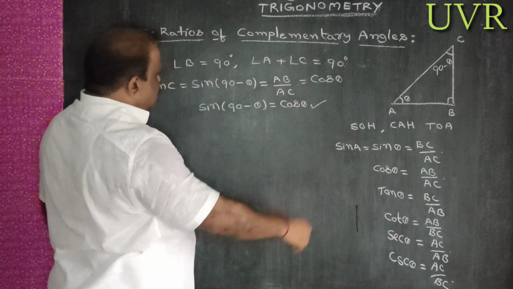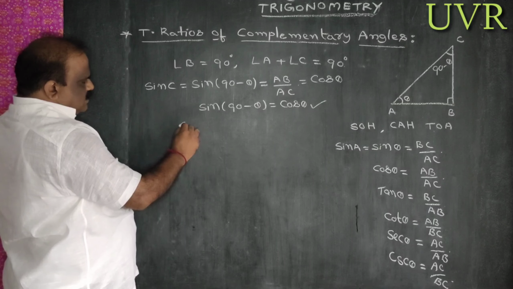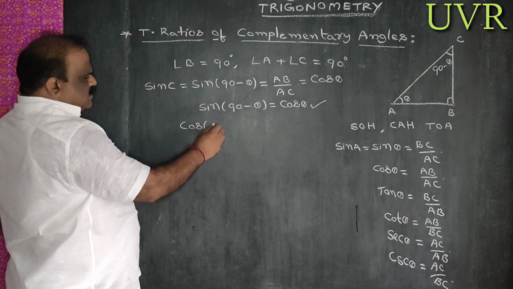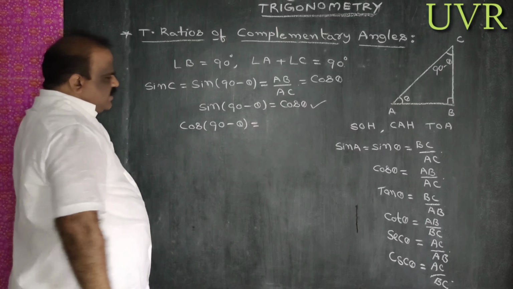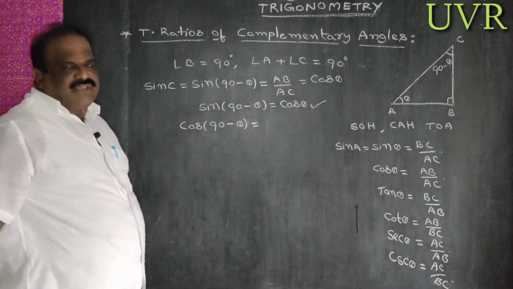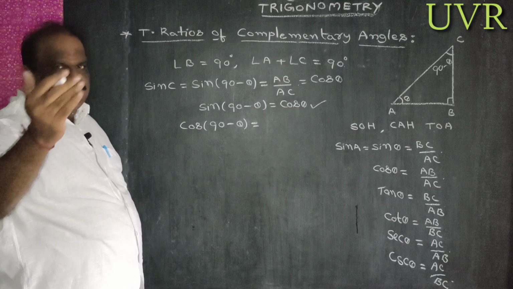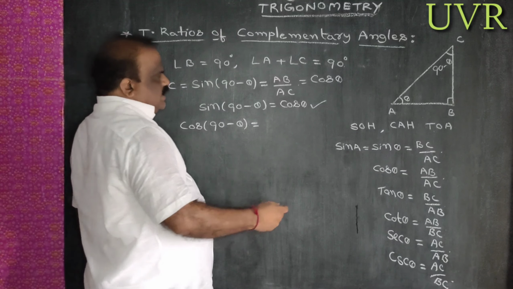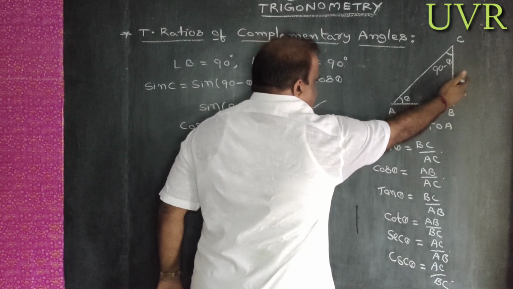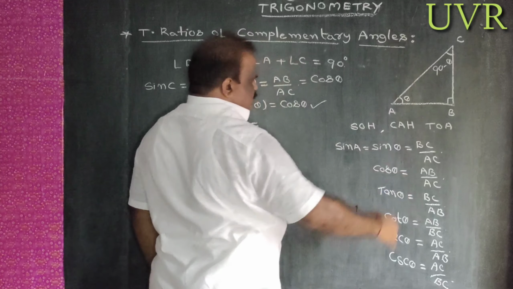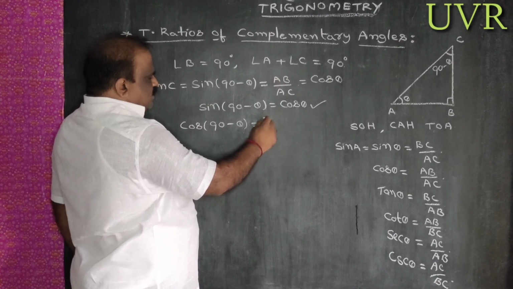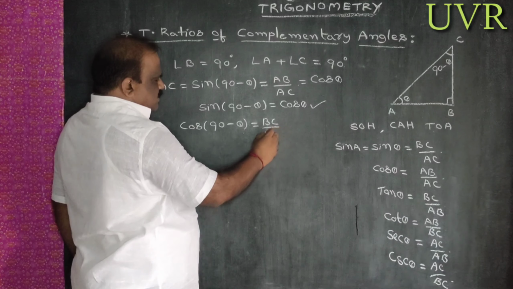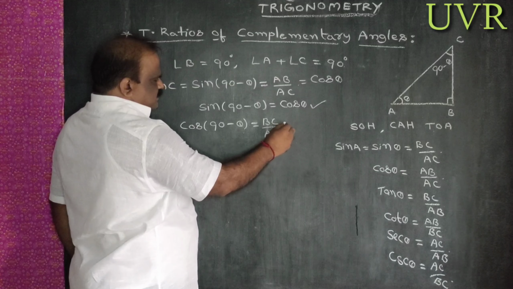Second one is cos C. Cos 90 minus theta is equal to, the definition of cos is the ratio of adjacent side and hypotenuse. So here this is the adjacent side and this is the hypotenuse. So cos 90 minus theta is equal to BC by AC.